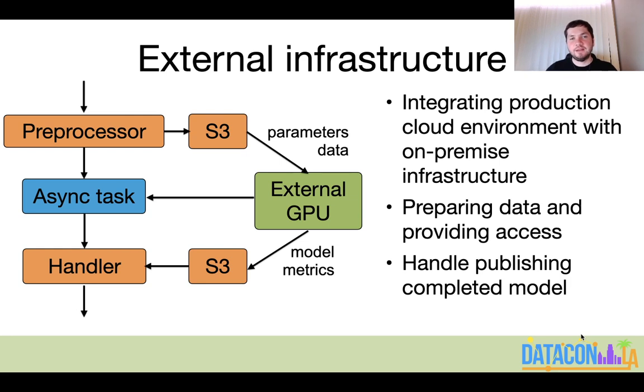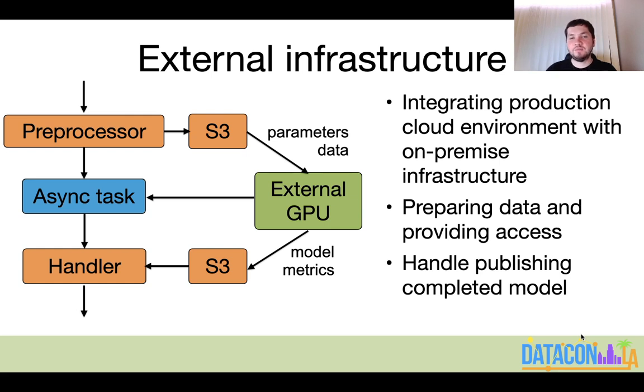And finally, you can actually use Step Functions with your external GPU. It could be either integrating a production cloud environment with on-premise infrastructure or with some external services for GPU training. So in this particular case, you will use your Step Functions to prepare data and share it to your external GPU.